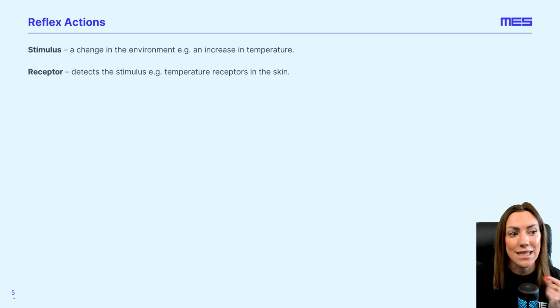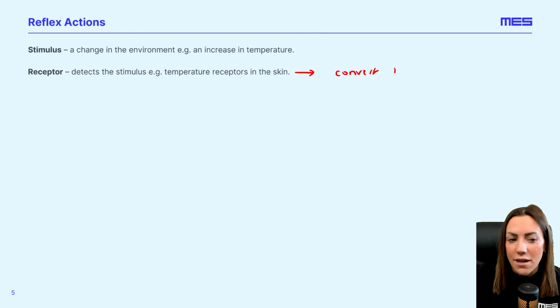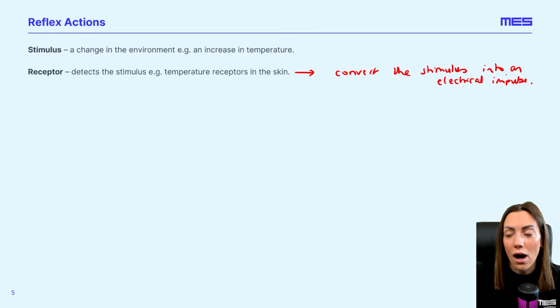So for example, temperature receptors in the skin or light receptors, photoreceptors in your retina, they're going to detect the stimulus. And I'm just going to add on here, they convert the stimulus into an electrical impulse.